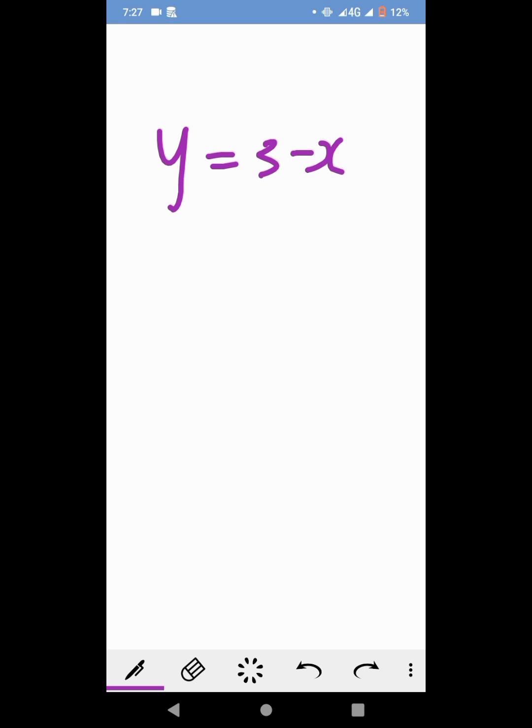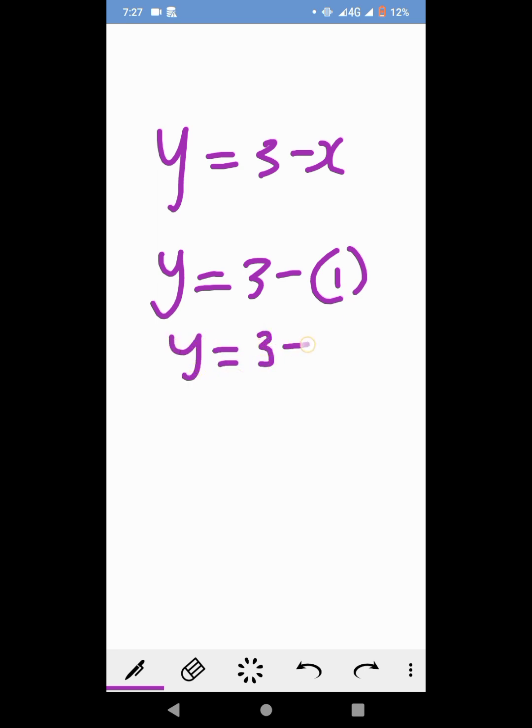You can see that. So when x is equal to 1, we substitute our 1 for x. So y will be equal to 3 minus 1. If you expand this bracket, it does not change anything. y will be equal to 2. So finally, we have noticed that our x is equal to 1 and our y is equal to 2.